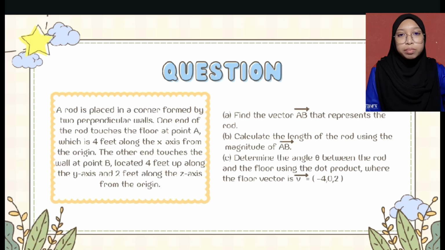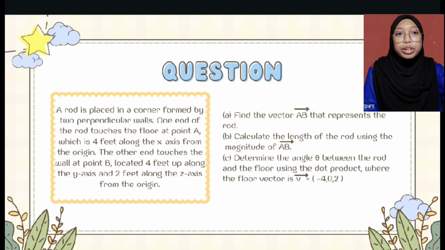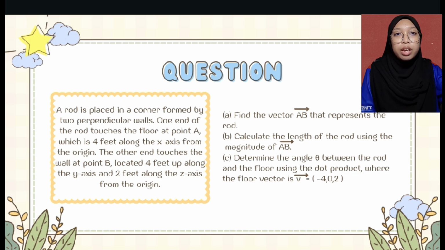The question: a road is placed in a corner formed by two perpendicular walls. One end of the road touches the floor at point A, which is 4 feet along the x-axis from the origin. The other end touches the wall at point B, located 4 feet up along the y-axis and 2 feet along the z-axis from the origin. A. Find the vector AB that represents the road.